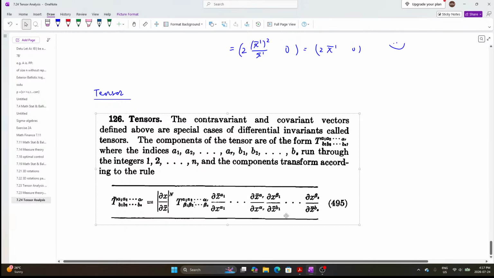And now you have S factors of inverse Jacobian. See, this is d old versus d new, d old over d new. Of course, there are S terms of them.